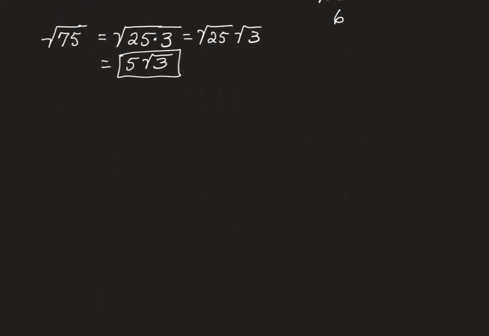Let's go for a more difficult problem. Let's try this. We'll call this actual example number 1. How about square root of 400? Well, what factors are there of 400? You could factor 400 into 4 times 100, both of which happen to be perfect squares.